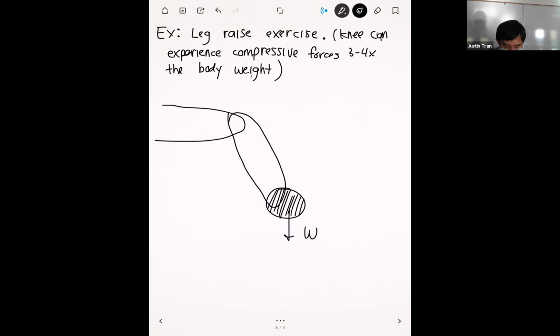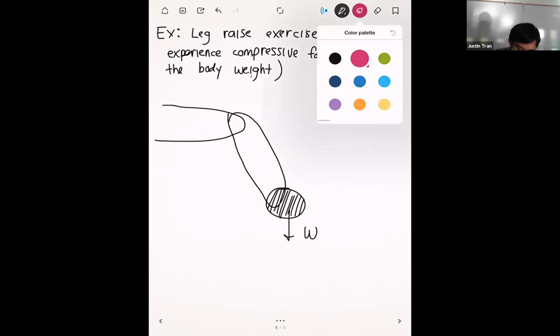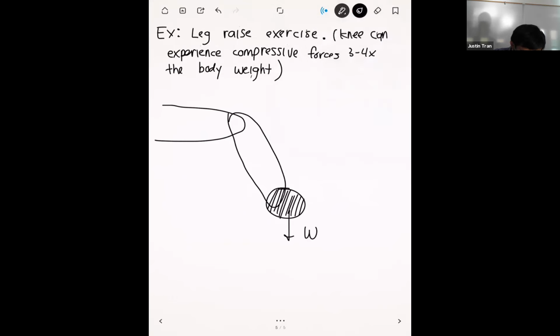All right. So let me go ahead and draw a line that represents the lower leg. And so this line that I drew here represents the long length of your lower leg bones. Okay. And so attaching onto your lower leg, you have your quadriceps muscle. Okay. And so let's say that we have a muscle force like that.